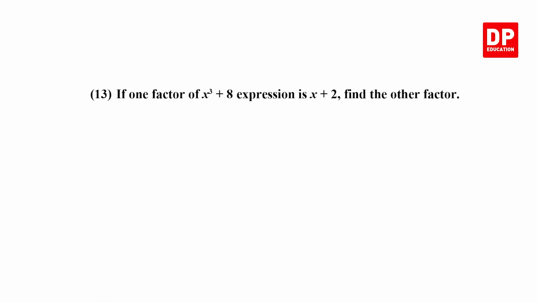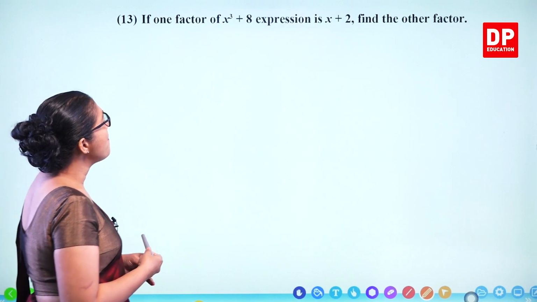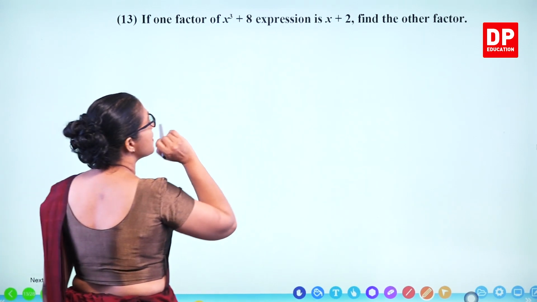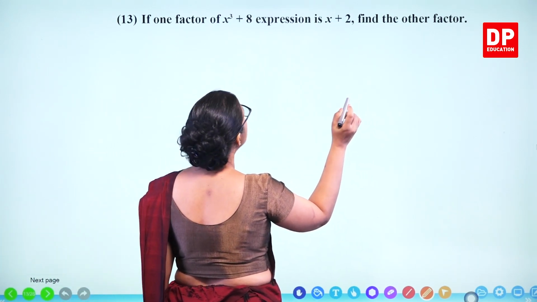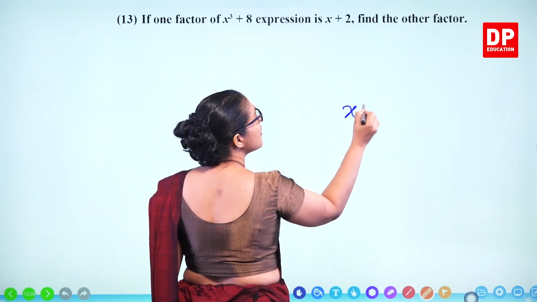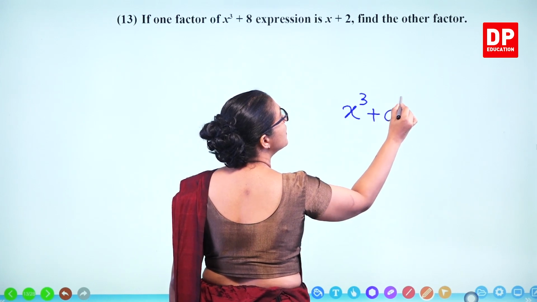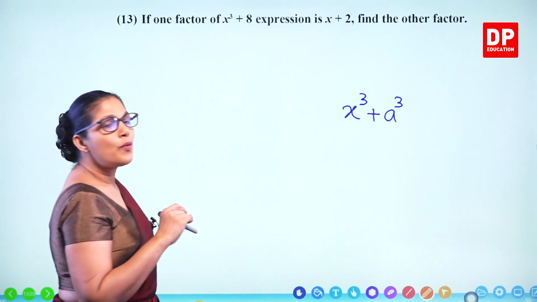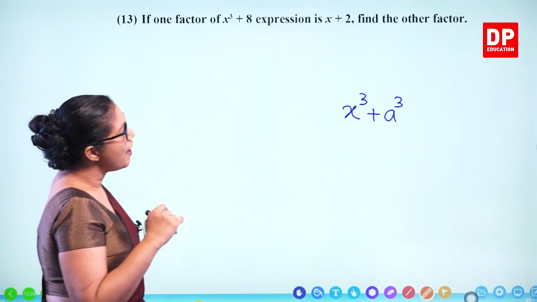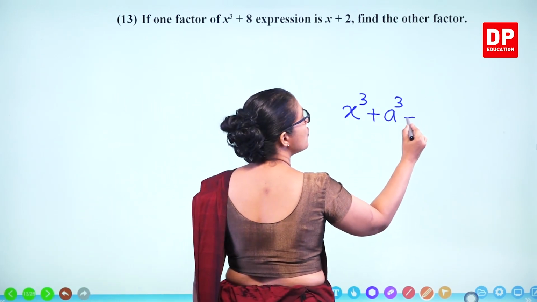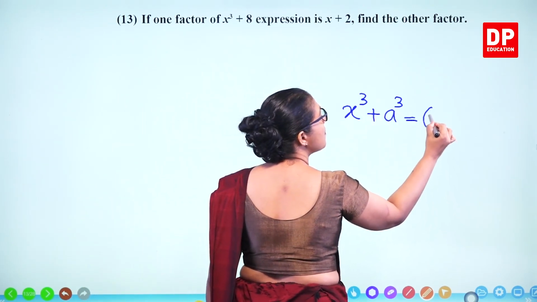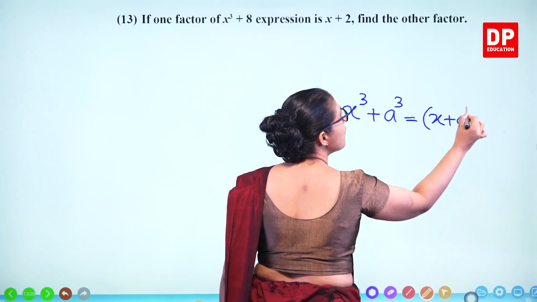Question number 13. If one factor of the expression x cubed plus 8 is x plus 2, find the other factor. Can you remember those factors? You need to remember this formula. If it's x cubed plus a cubed, both cube terms, how do you write down the factors? You get x plus a as one factor.